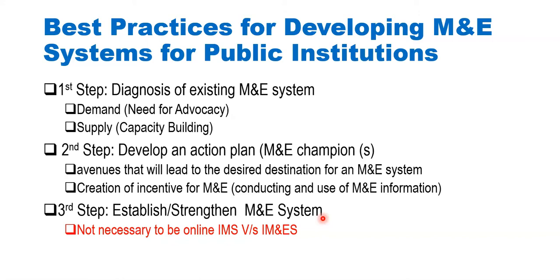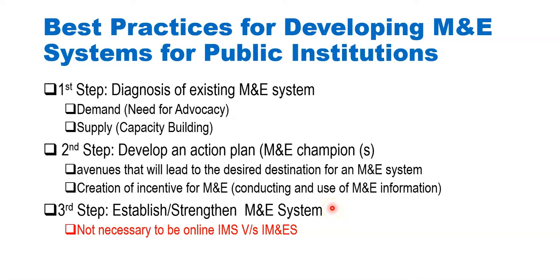But another thing I want to share with you this time is that when we are talking about an M&E system, don't focus only on online systems. An M&E system can be either manual or online.